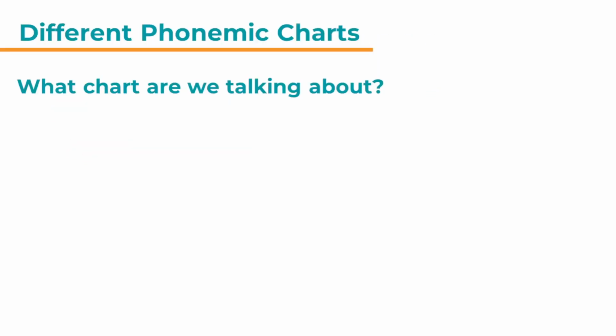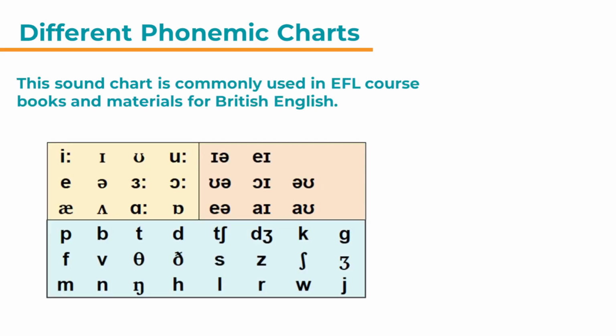Hi everybody! Today we're going to have a look at the different phonemic charts because sometimes that can be a bit confusing. So what chart are we talking about? Well, this one here. This sound chart is commonly used in EFL coursebooks and materials for British English to teach students about pronunciation.